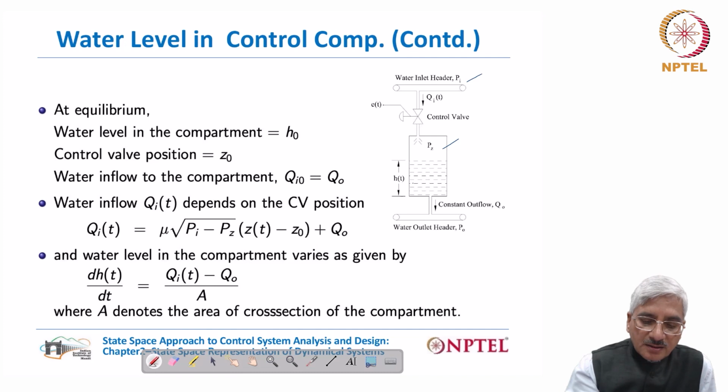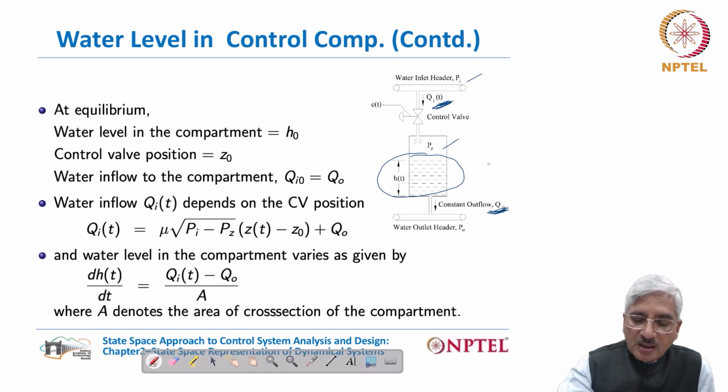Ahead, we see that the rate of change of liquid level in the tank will be essentially due to the unbalance between the inflow and the outflow. So many liters per second or cubic meters per second entering the compartment, so many cubic meters per second going out of the compartment.